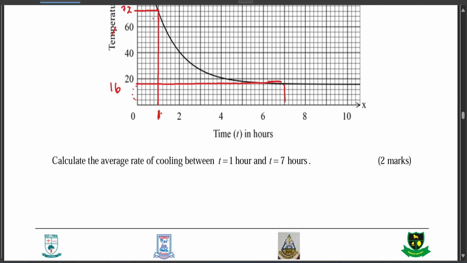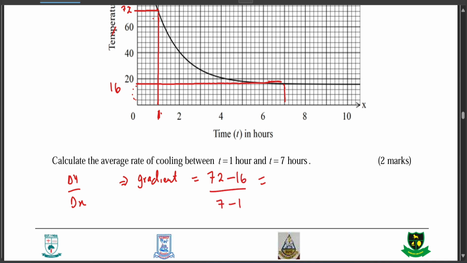So average rate of cooling is usually like the gradient. It's just the gradient of that curve. So you'll take 72 minus 16, which is like change in y over change in x. So it takes 72 minus 16 divided by 7 minus 1.